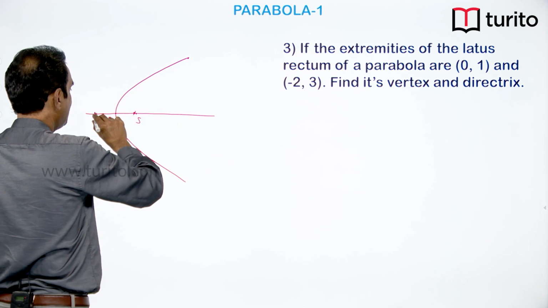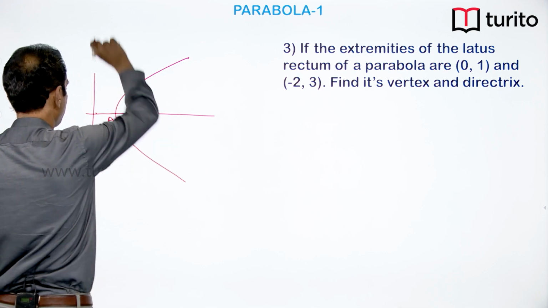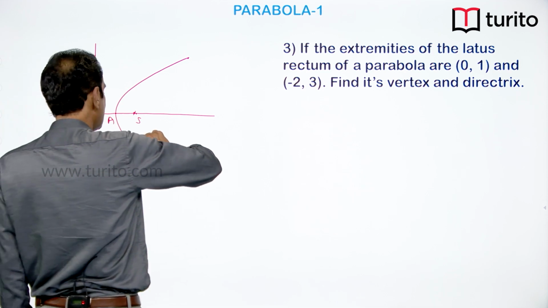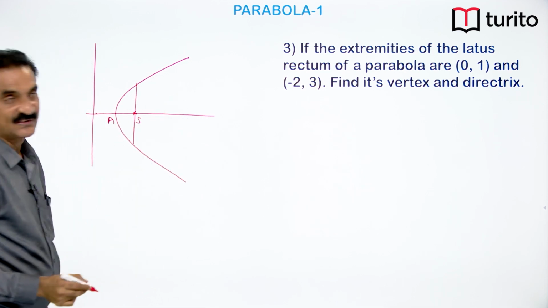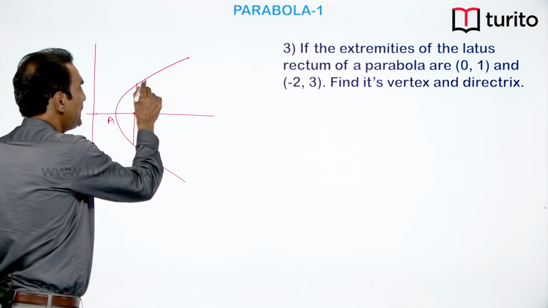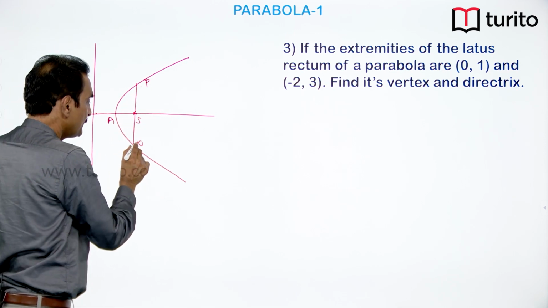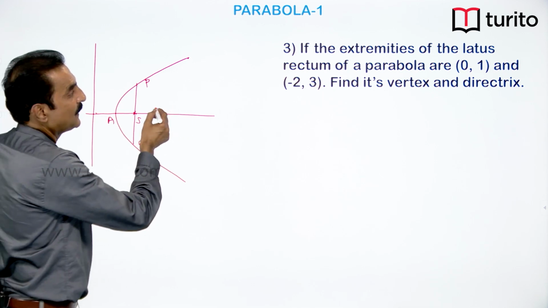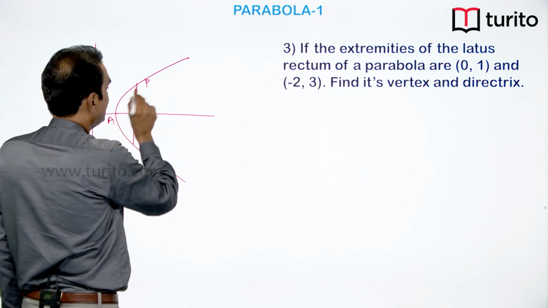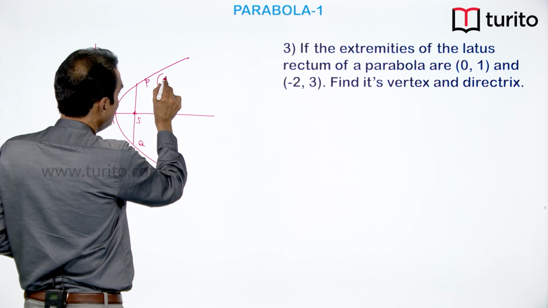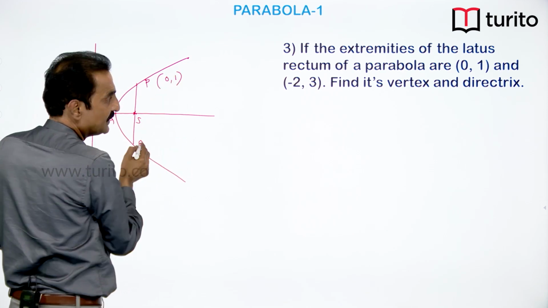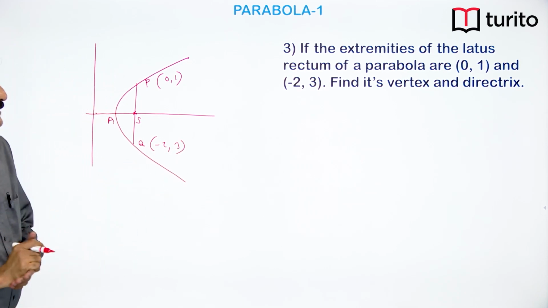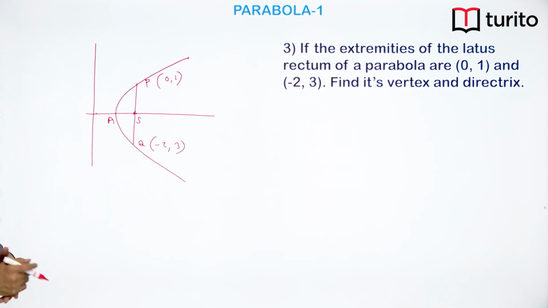So, the directrix will be like this. Now, extremities of the latus rectum are given. So, draw the latus rectum, let P and Q be the extremities of the latus rectum. It is (0, 1), this is (-2, 3). We have to find its vertex and directrix.